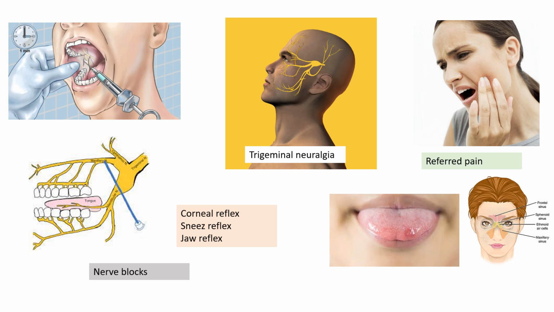There's one condition which is called trigeminal neuralgia. It can happen along any one of the divisions of the trigeminal nerve. In that case, there is severe, intermittent, excruciating pain along the distribution of one of the divisions, maybe ophthalmic or maxillary or mandibular.